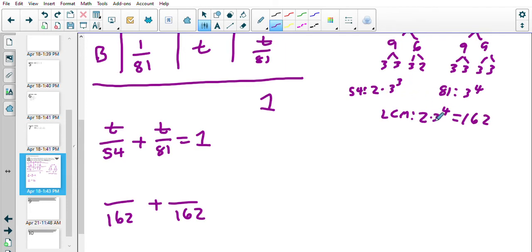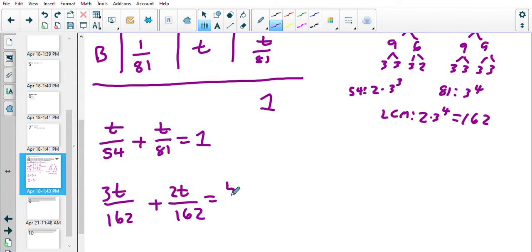We need another 3. So we really have 3t over 162. That's the same as t over 54, right? 54 times 3 gives us 162. And then 81 gets multiplied by 2 to get us our least common denominator. So this will be 2t over 162.